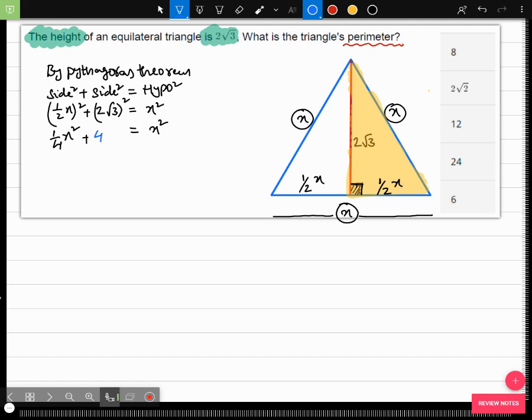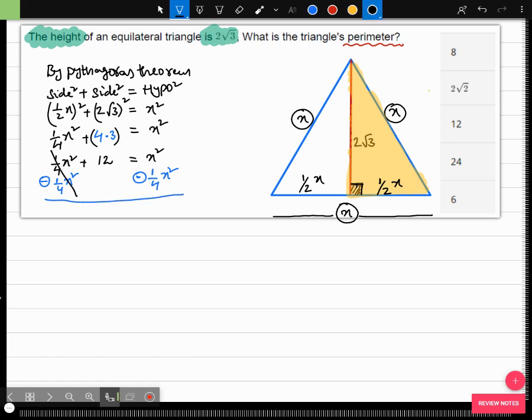Root 3 squared is root 3 times root 3, root 9, which gives me 3. Therefore, it is 4 times 3. So, 1/4 X squared plus 4 times 3, that is 12, equals X squared. Always we try to isolate the variable. So let me go for inverse operation, which is take away 1/4 X squared on both sides.